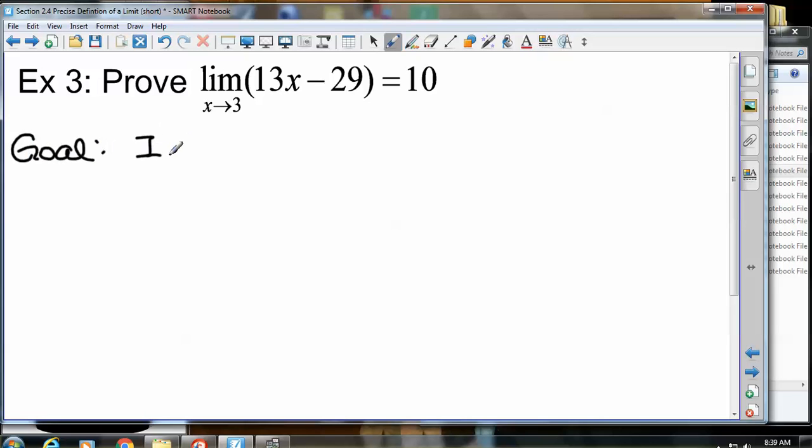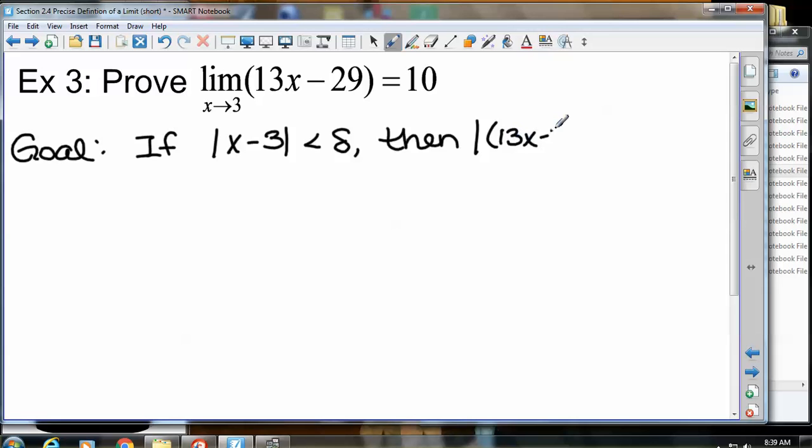The definition of a limit is if the absolute value of x minus a, what is my a value? 3, is less than delta, then the absolute value of f of x, what is my f of x? 13x minus 29, minus my L, what is my limit? 10, is less than epsilon. That's what we need to prove.